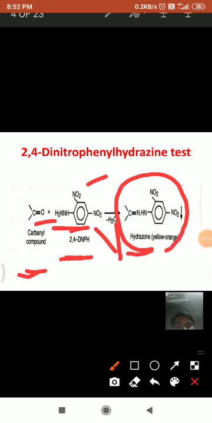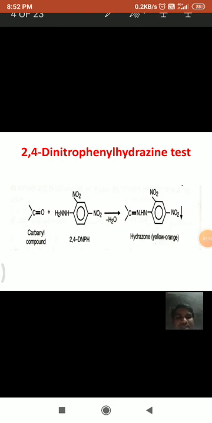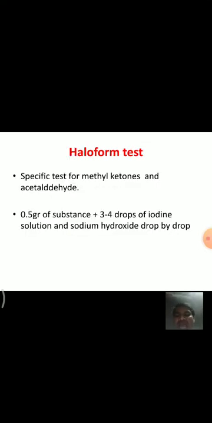And then the next one is the haloform test. Actually, this is the specific test for methyl ketones and acetaldehyde. In aldehydes, acetaldehyde gives this test.